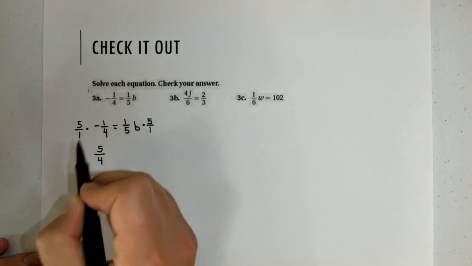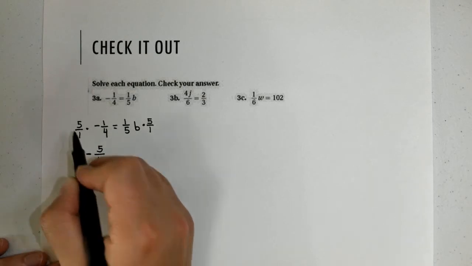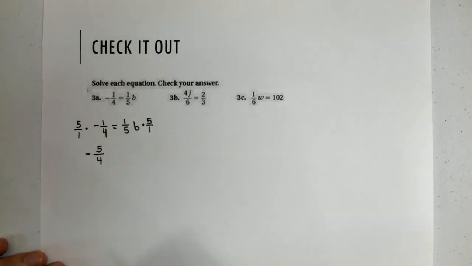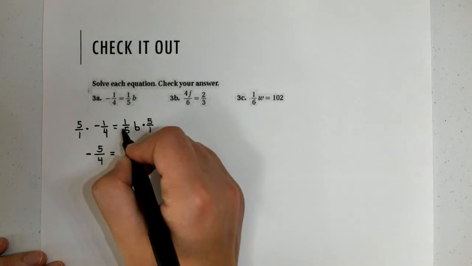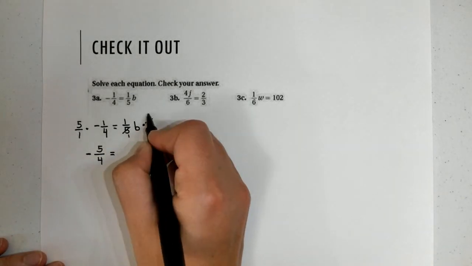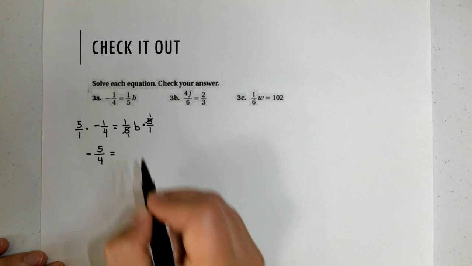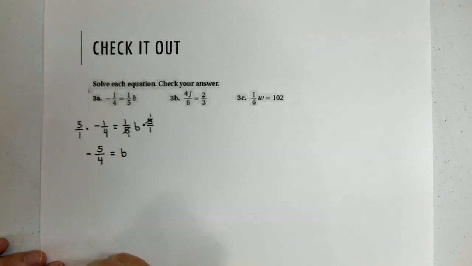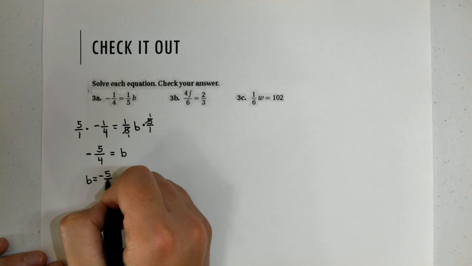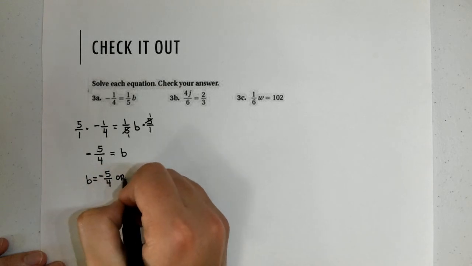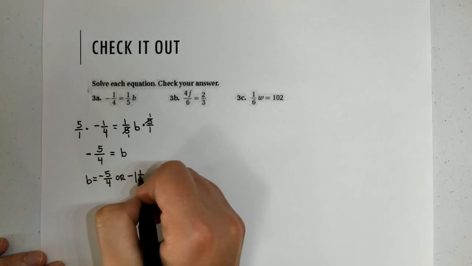And I don't want to forget that negative. That negative doesn't disappear because I have a positive times a negative, which is a negative. So -5 over 4. Right-hand side, 5 divided by 5 is 1. 1 and 1 is already 1. So I'm left with 1B. So here, B equals -5 over 4. Or as a mixed number, it's -1 and 1/4.